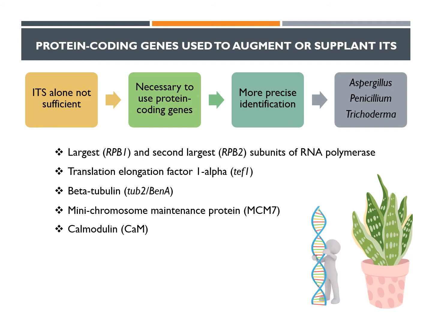Among protein coding markers, the largest or RPB1 and the second largest or RPB2 subunits of RNA polymerase, translation elongation factor 1 alpha or TEF1, and beta tubulin or TUB2 and BEN-A have been most commonly used for inferring the phylogenetic relationships among fungi.